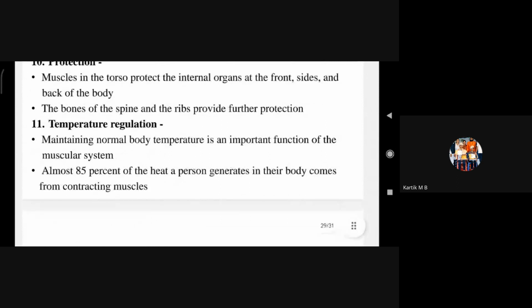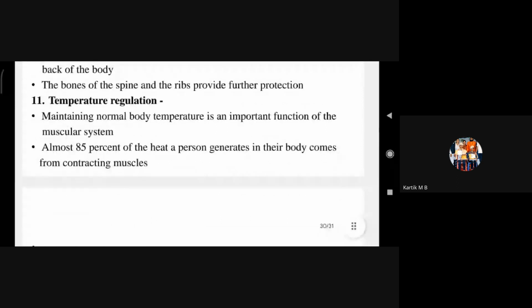Next is temperature regulation. This one is a very important point. Muscles are regulating the temperature in our body. Although it is regulated by our nervous system through homeostasis, the action is going on in muscles only. So muscles are regulating the temperature, maintaining normal body temperature, which is an important function of the muscular system.